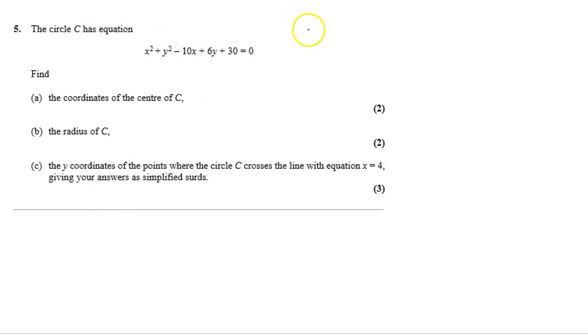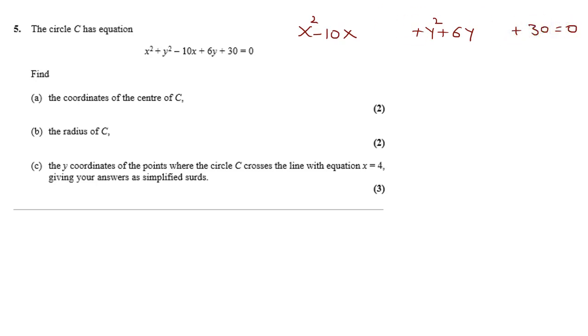For example, this can be written as x square minus 10x plus y square plus 6y and plus 30. So I have written the x terms, the y terms and the constant separately. Now I am going to fill this gap here.